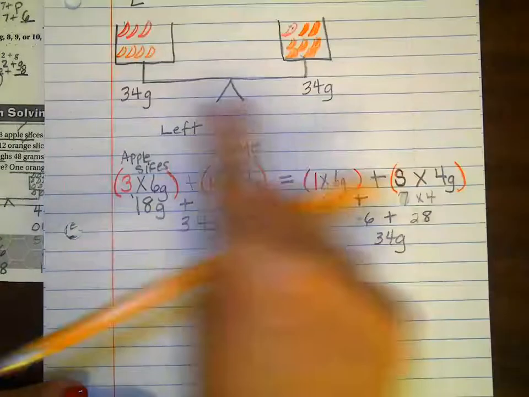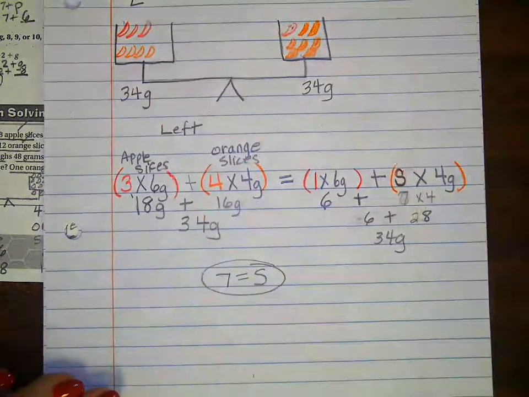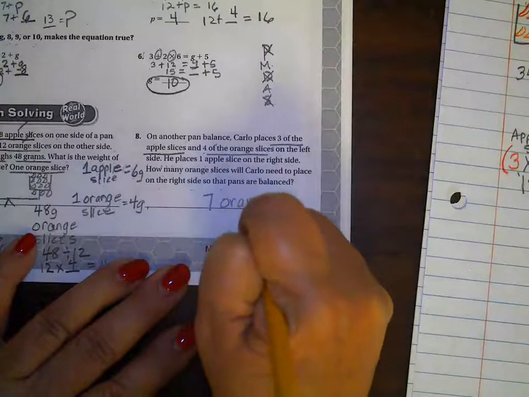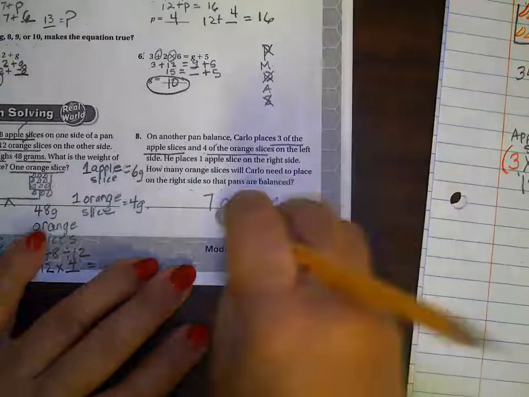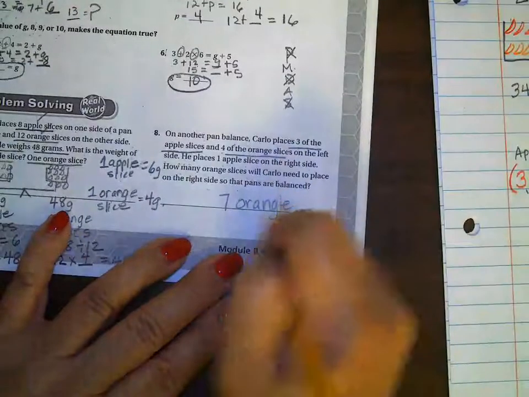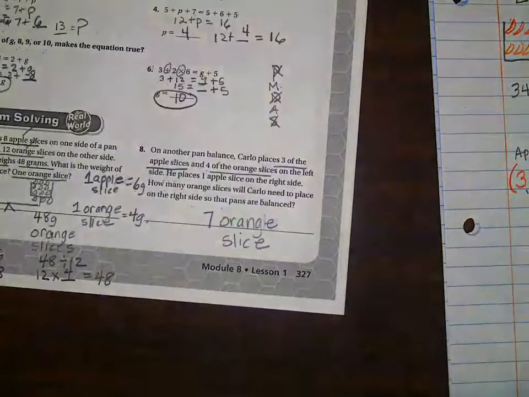And so do I balance? So S equals 7 slices. Let's go to the next one. So this is going to be 7 orange slices. I just want to get slices in, make it one word, but it's not going to work. All right, let's move to the next one. Got that?